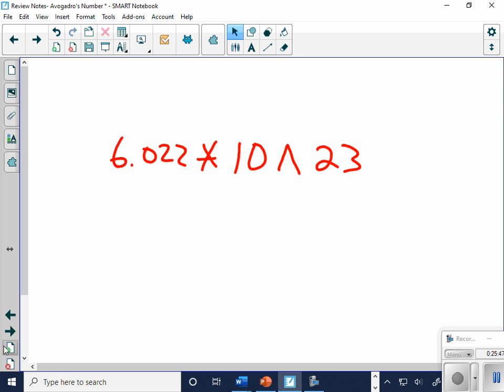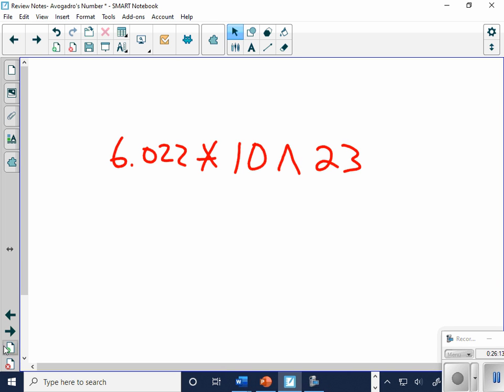Look at your calculator. If you don't have it out, take it out. You have an exponential button on your calculator. Most of the time, it's the second function of the button above the 7, which is probably a comma.